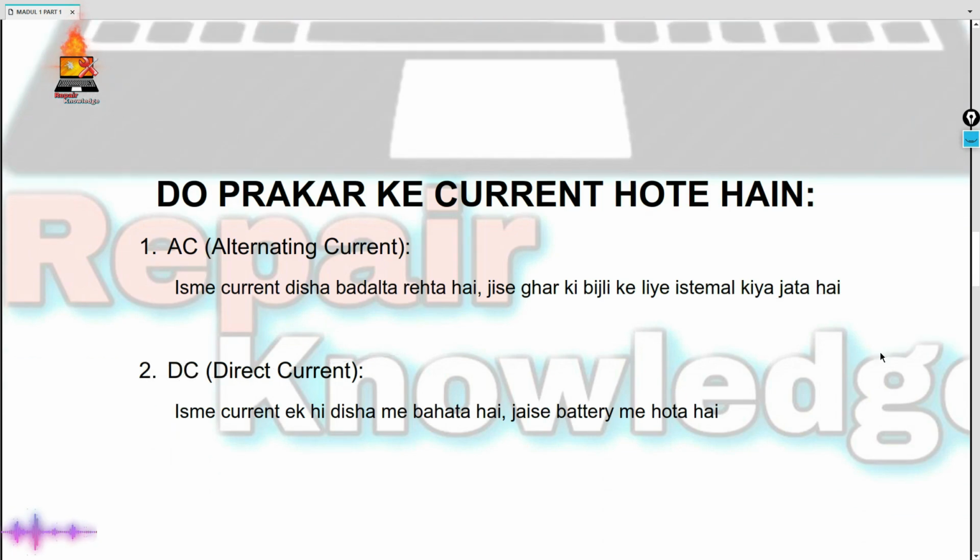We will learn what equipment is used in AC, what is in our house, what is in our meter, what is called AC, and how DC is different. In DC, the current flows in the same direction, like in a battery, and in AC the direction keeps changing. I will tell you the symbol of AC, friends.